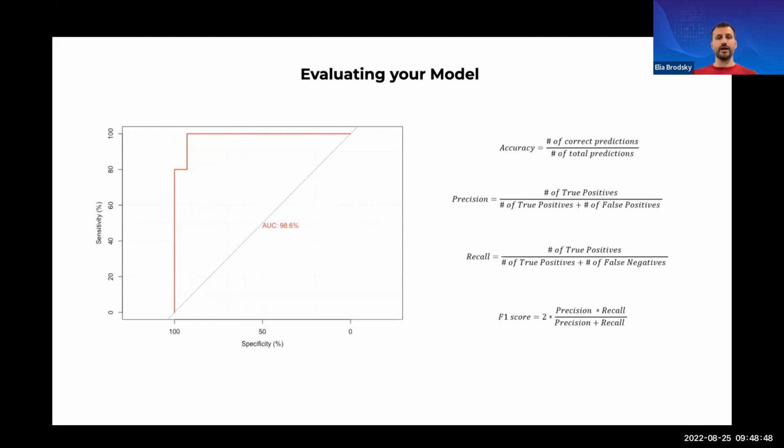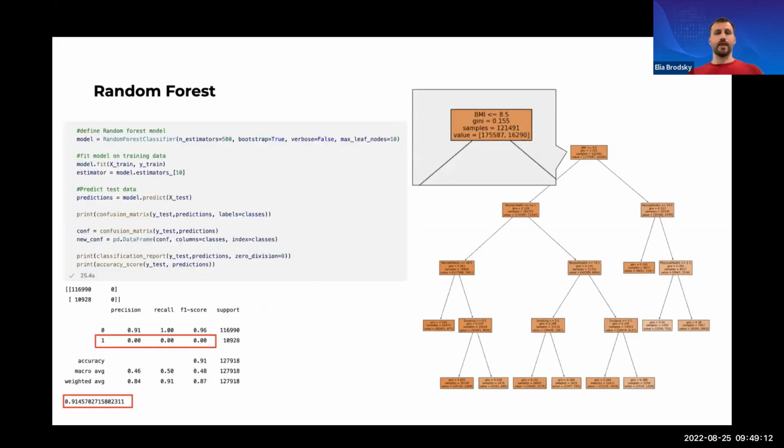And then finally, how do we evaluate the outcome of our training? And here we can look at several different parameters such as accuracy, precision, recall, the area under curve, and importantly, we'll take a look at the F1 score, or the method to evaluate how well our model performed, even with the imbalance that we might have in our data.